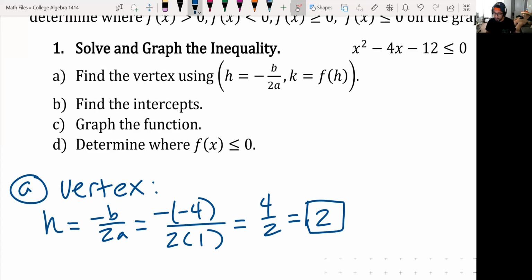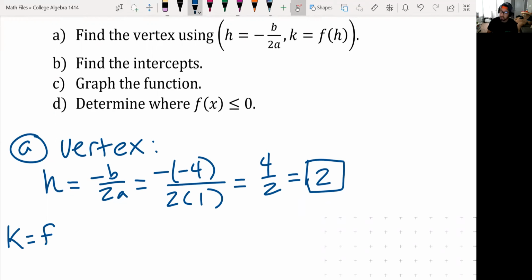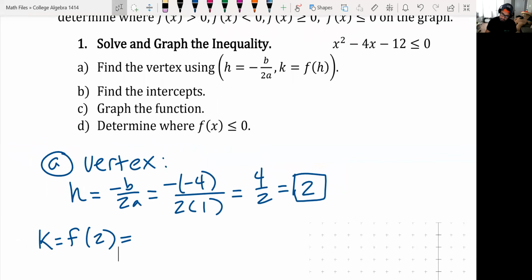Now we want to find the k value. So to find k, we just take whatever the h value we just found, which is 2, and plug it into the quadratic inequality we were given. So we'll have 2 squared minus 4 times 2 minus 12.